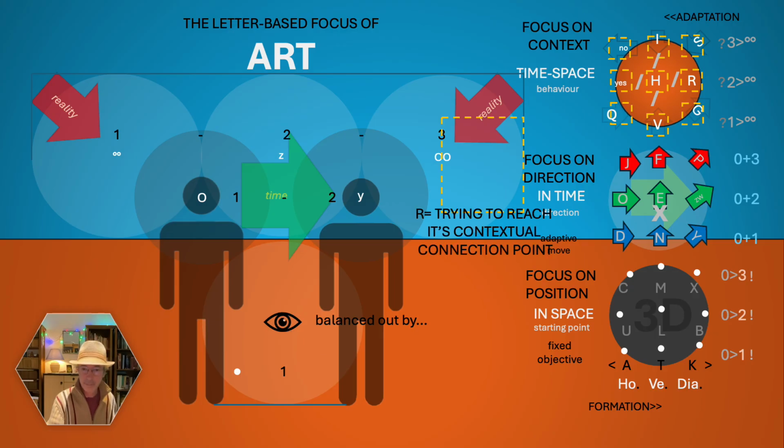That's the mindset. The R is a completely different thing, and the A, or my choice, will be balanced out, because that's what I'm going to do in A. I'm going to balance out my focus, and I use the next letter to balance it out. How will it be balanced out? Via the R. That's the next letter. The R will always try to reach its contextual connection point, because in the end it is about connections.